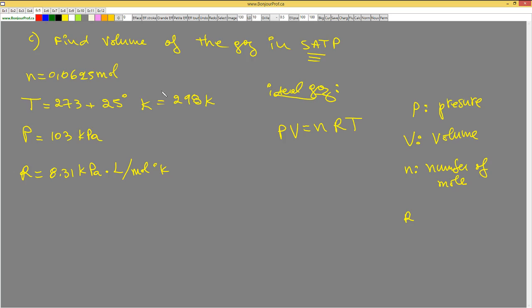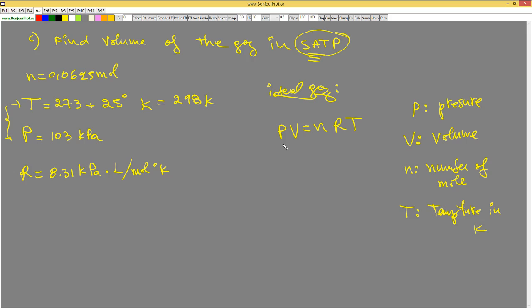R is the constant, so we ignore it. What is T? Temperature in Kelvin. And what is SATP? When you see SATP, it means pressure and temperature: 298 Kelvin, which is 25 degrees, and the pressure is 103 kilopascal.